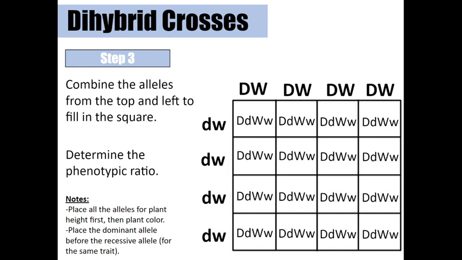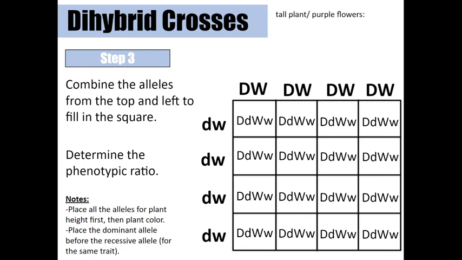Remember, we are using this to determine the phenotypic ratio of their offspring. So, remember, anything on the top is going to come down, and anything on the side is going to come this way. So let's start counting.